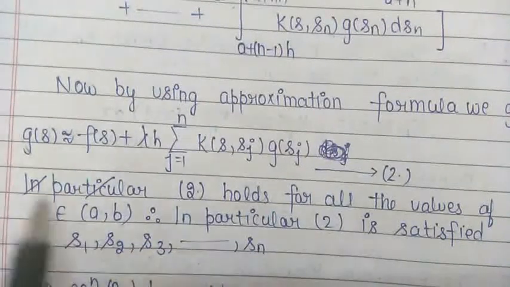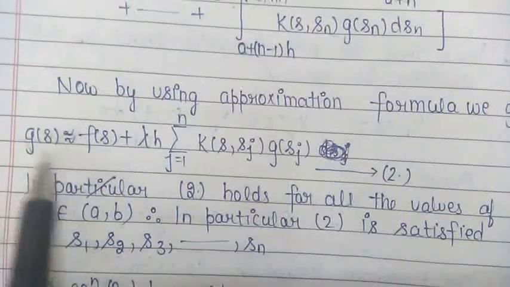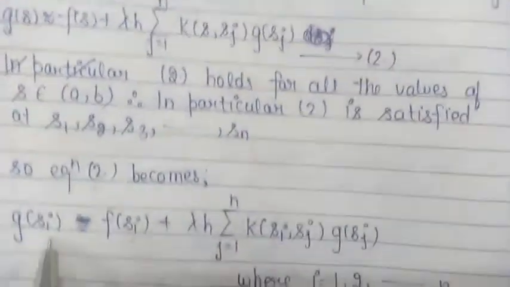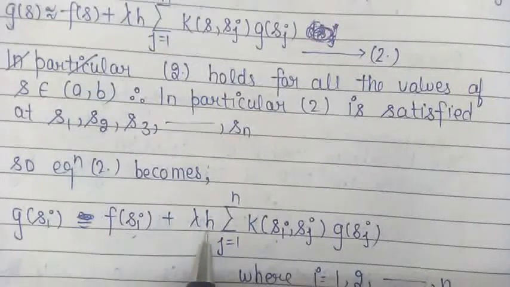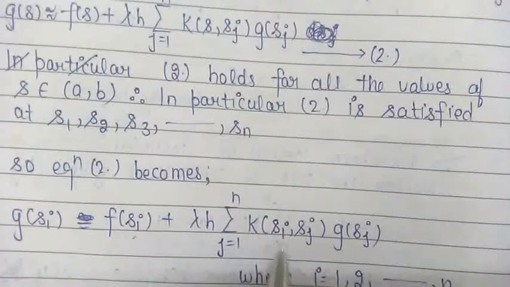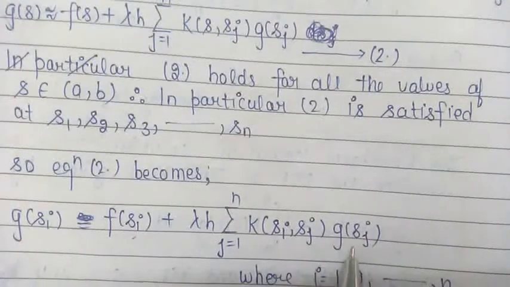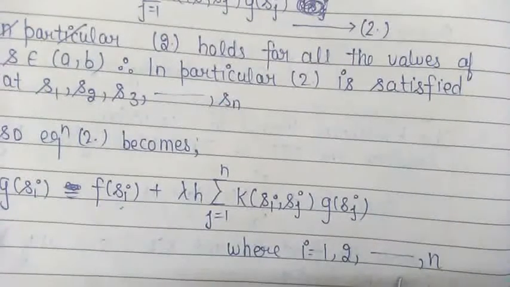So, replacing s by si, we get g(si) = f(si) + lambda h summation, j from 1 to n, k(si,sj) g(sj). Here i varies from 1 to n.